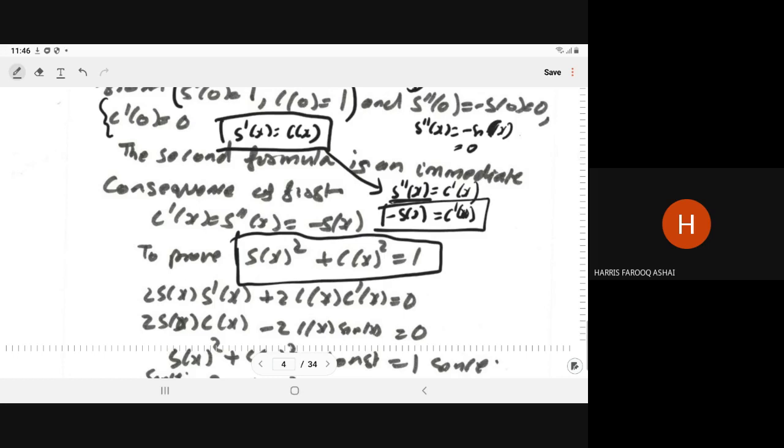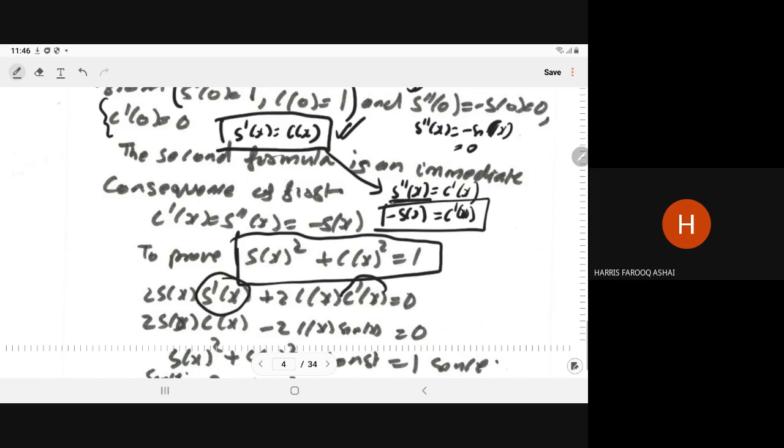Clear? So let us take s square plus c square is equal to 1. If you take the derivative on both sides, it will give you 2s into s dash plus 2c into c dash is equal to 0. And what is s dash? S dash is equal to c.